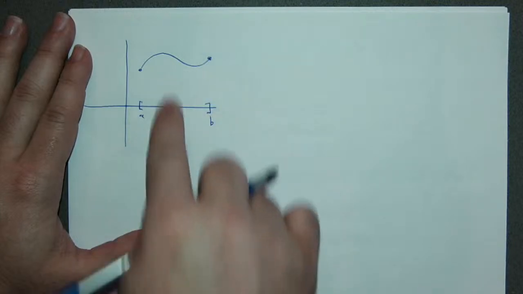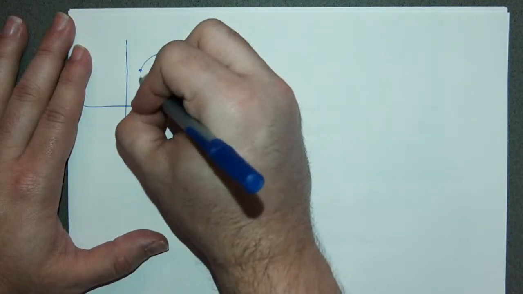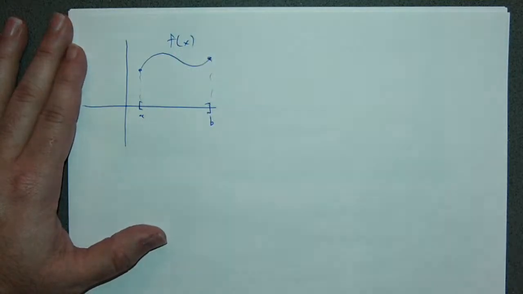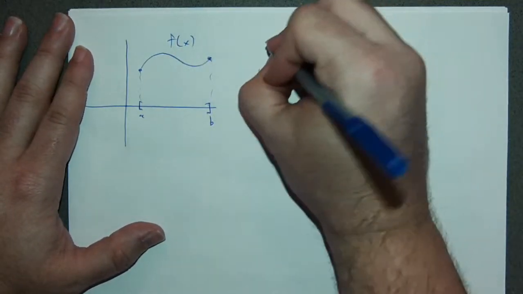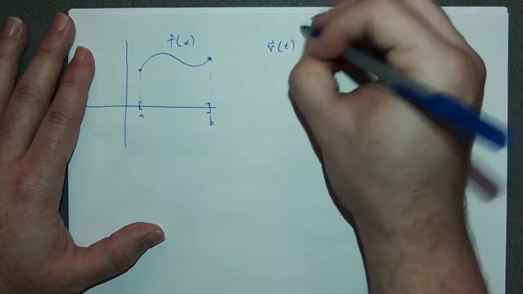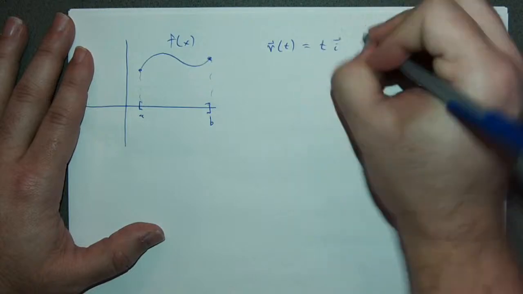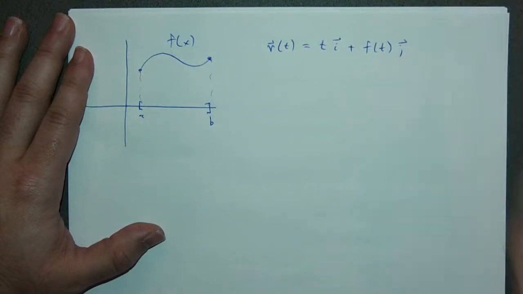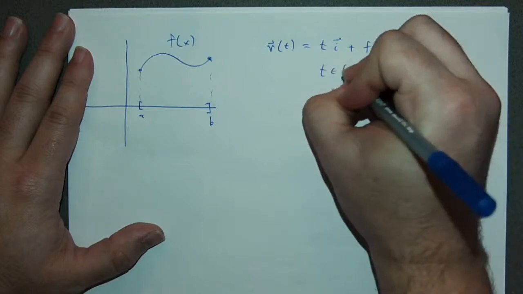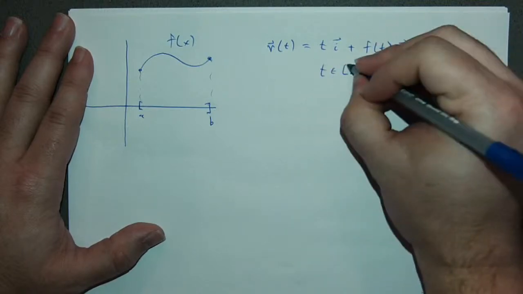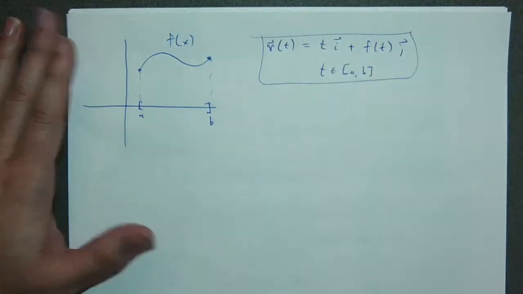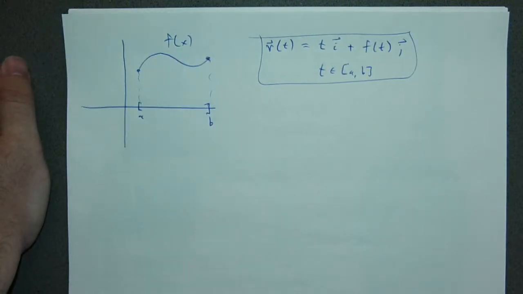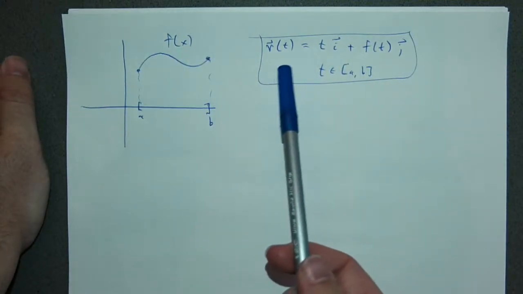If this was the graph of a function, say f of x, then my parameterization was t i plus f of t j, where t is in [a, b]. So when you had a curve that was the graph of a function, the parameterization was easy.